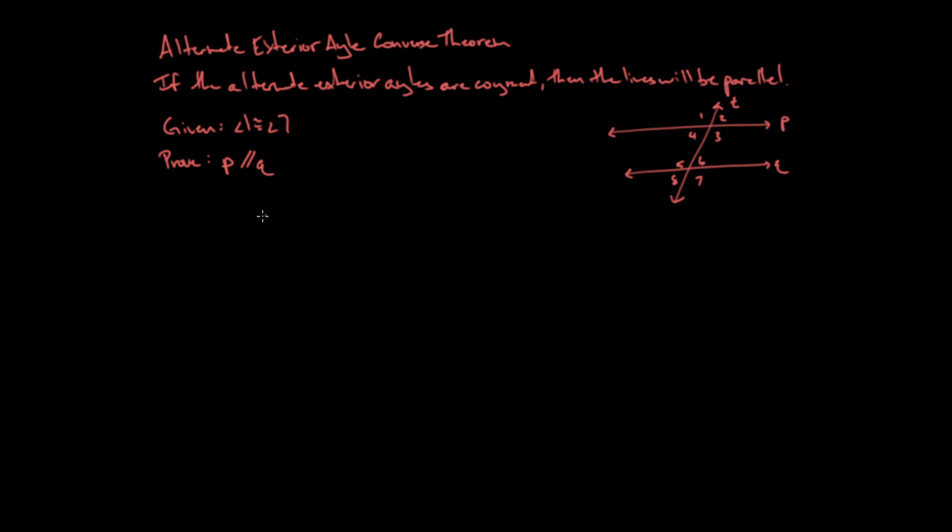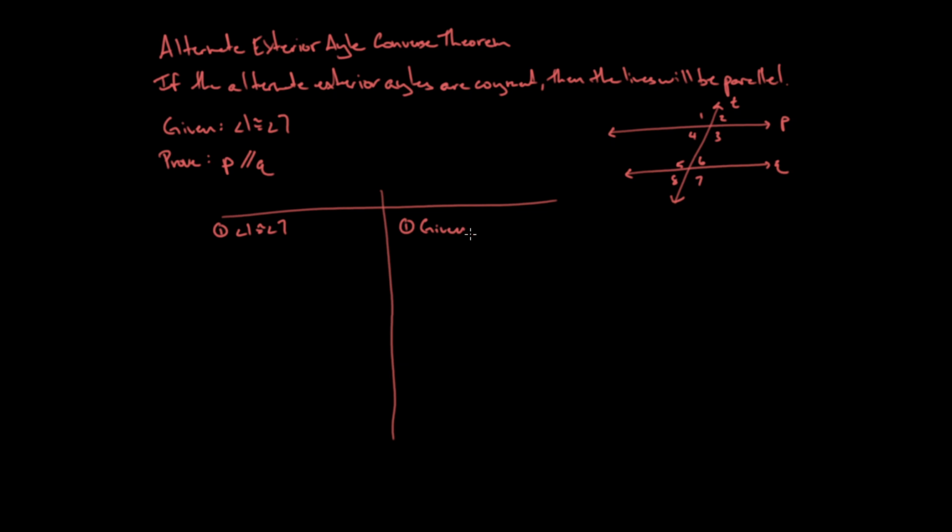All right, perfect. This is going to roll pretty much exactly the same way that my alternate interior angle converse theorem went, where I'm trying to get back to the converse of my corresponding angles postulate. If I can show that two of my corresponding angles are congruent, then I can say that my lines are parallel. So just like before, I'll start with angle 1 is congruent to angle 7, and that's given.